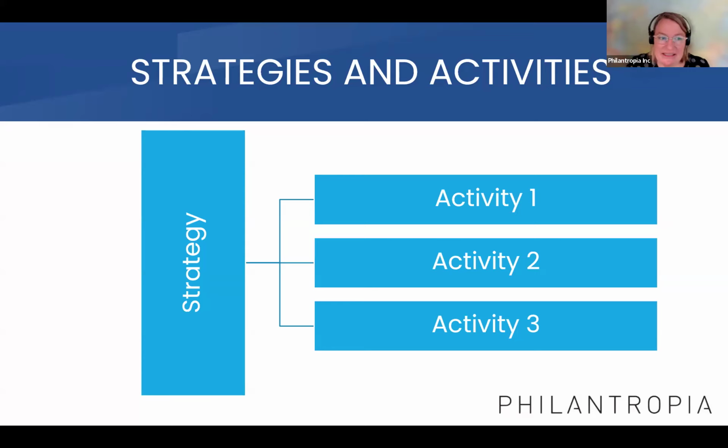Usually you have activities, and sometimes they're grouped together under one strategy. So for example, a strategy could be to reach out or to run workshops. A strategy could be to build infrastructure. A strategy could be to work with decision makers, etc. So often activities are grouped under strategies.